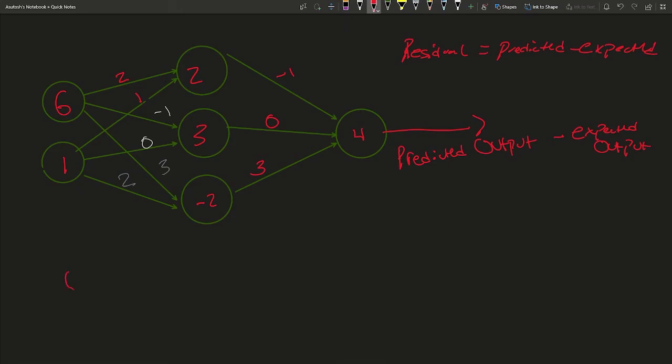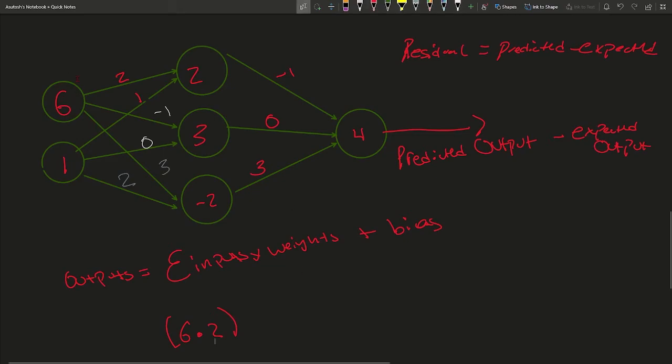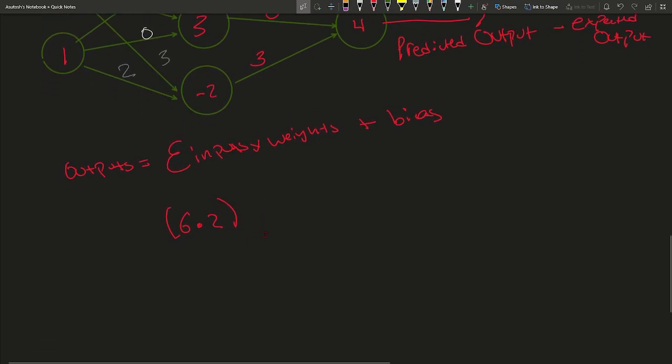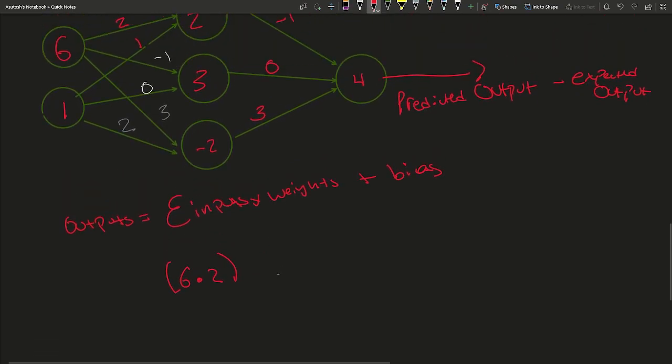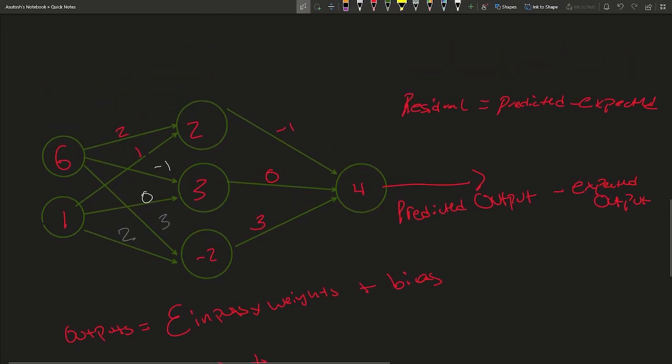We have outputs is equal to the sum of inputs times the weights plus bias, right? So why don't we go ahead and do that real quick. For the top neuron, we have 6 times 2. That's between this input right here and this weight. 6 times 2, and then we add. Remember, we're taking a look at this neuron by itself, not this one.